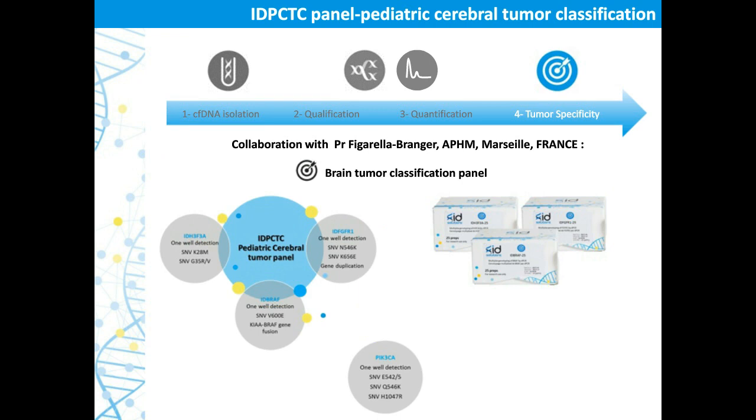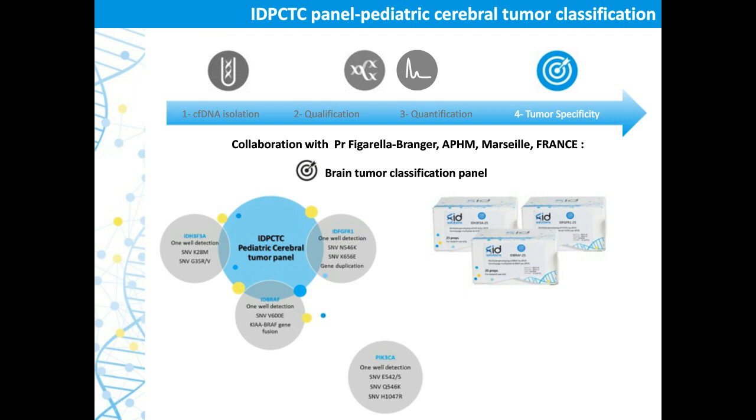One is the same as for the adult, targeting the histone H3 F3A. And we have 2 different assays: one targeting FGFR1, where we detect SNVs and the duplication of the gene, and the other one targeting BRAF, where we detect the mutation V600E and the gene fusion with KIAA. We also developed a PIK3CA assay that can be used in both panels.